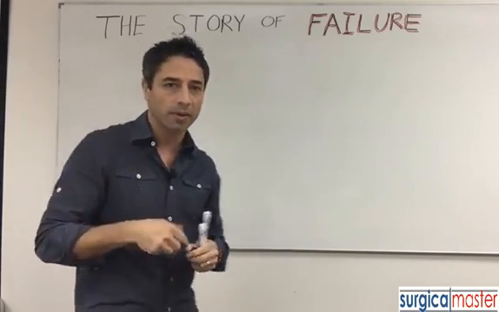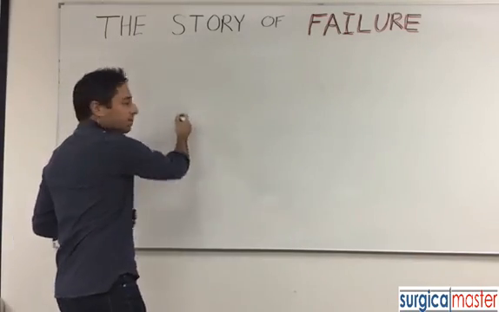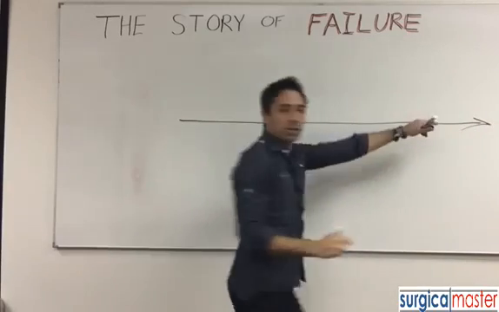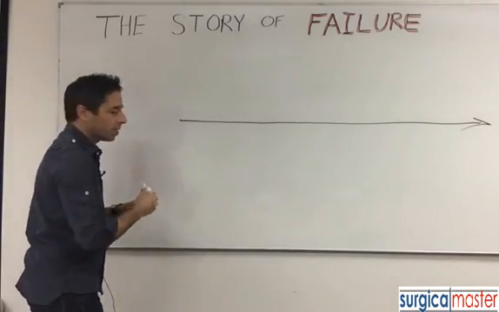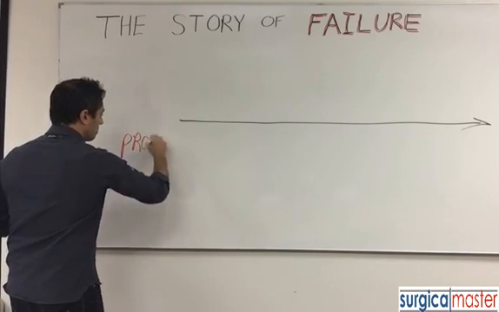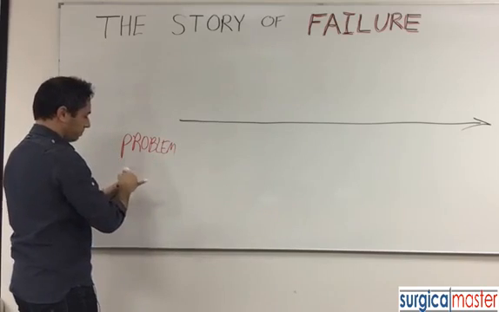So where we're starting, there's the axis of time. We're starting from the present and we're drawing the axis towards the future. And somewhere here, that's some type of problem that they're having.